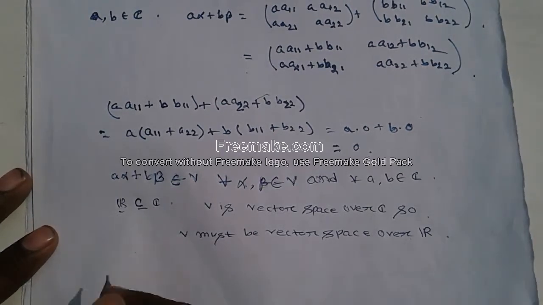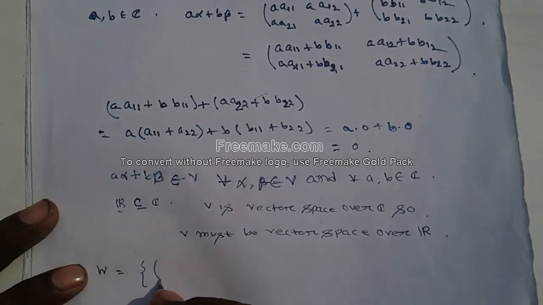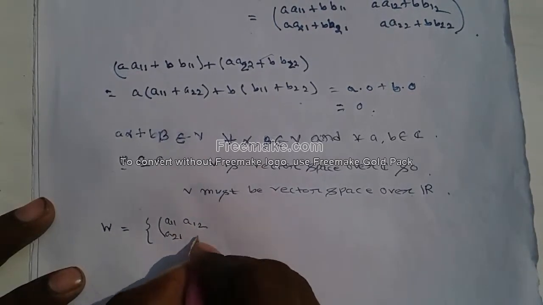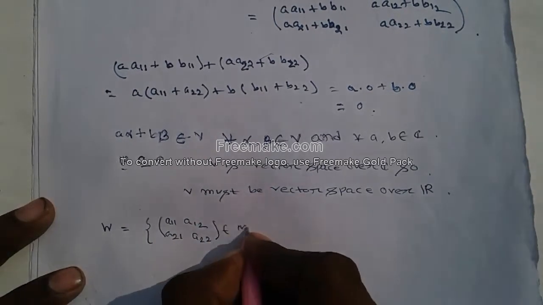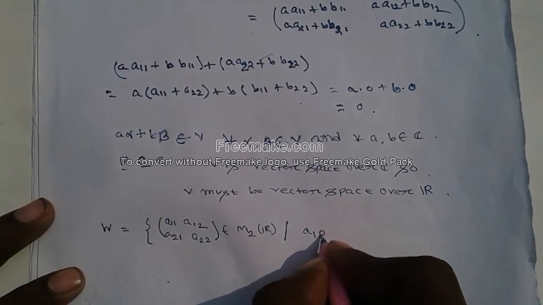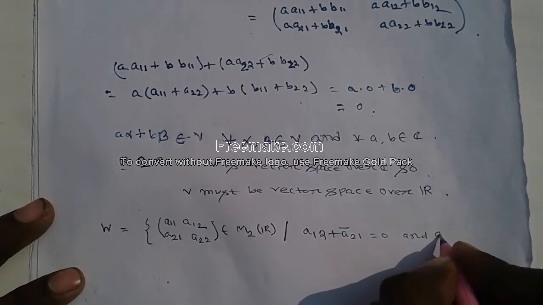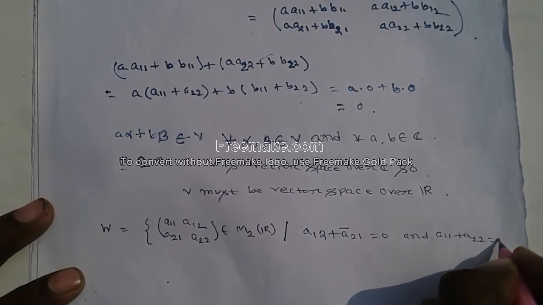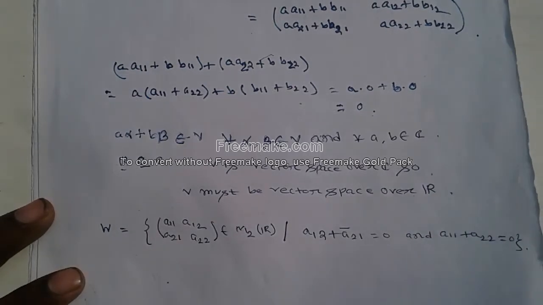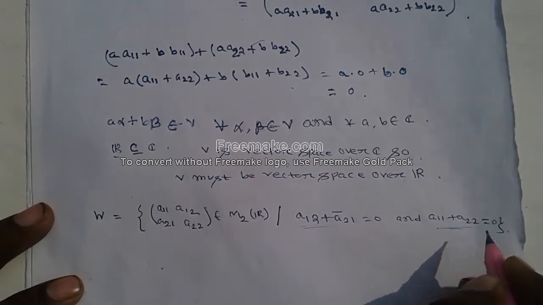Now we check the vector space W. The set W equals the set of matrices A11, A12, A21, A22 in M2(R) such that A12 plus conjugate of A21 equals 0 and A11 plus A22 equals 0.